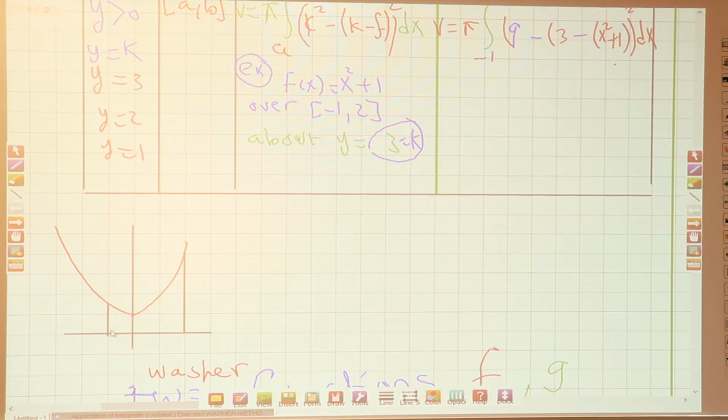Now, about what line? y equals 3 is here, 1, 2, 3. This is the line of revolution.